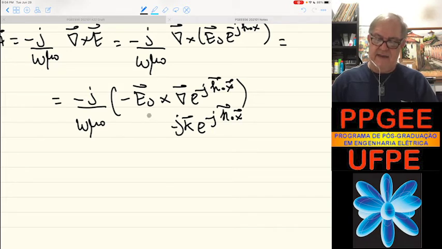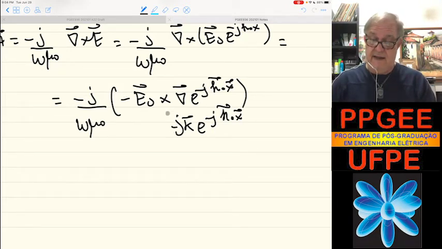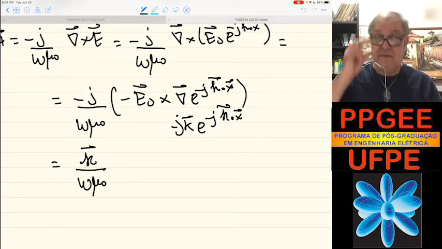So minus and minus is plus, and j with j is minus, so it's going to be k divided by omega mu 0.